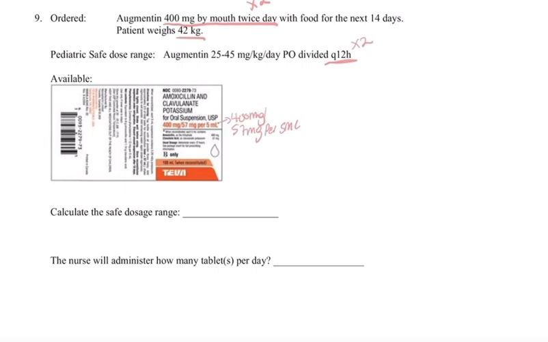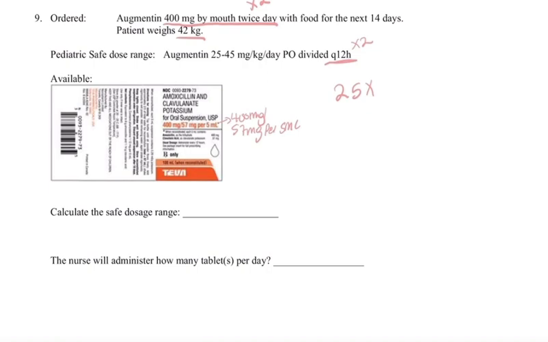Okay, so it says on the label 400 milligram per 57 milligram per 5 milliliter. So that's all the label said right there. But I know it's blurry, you guys cannot see it, so that's why I go ahead and rewrite it.